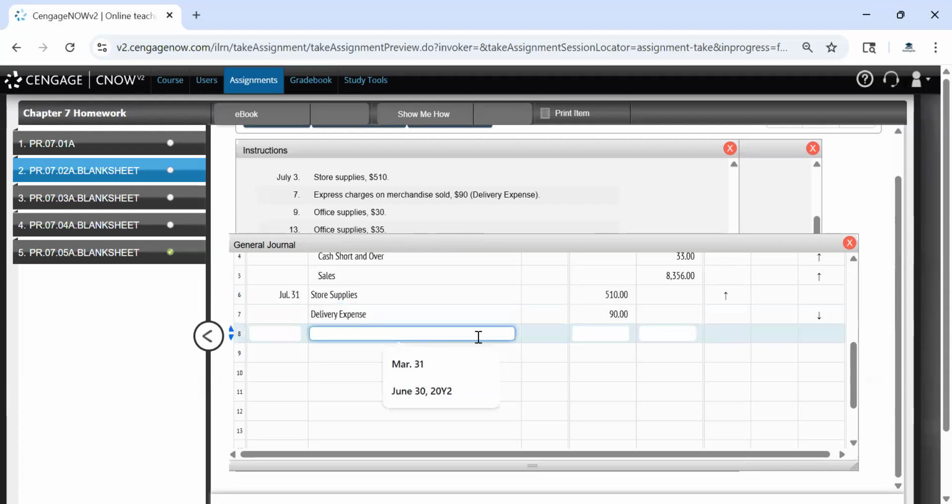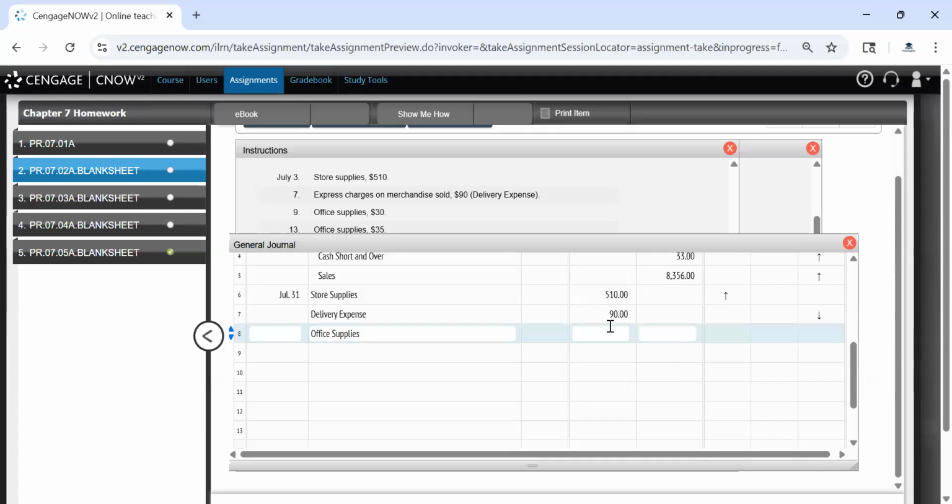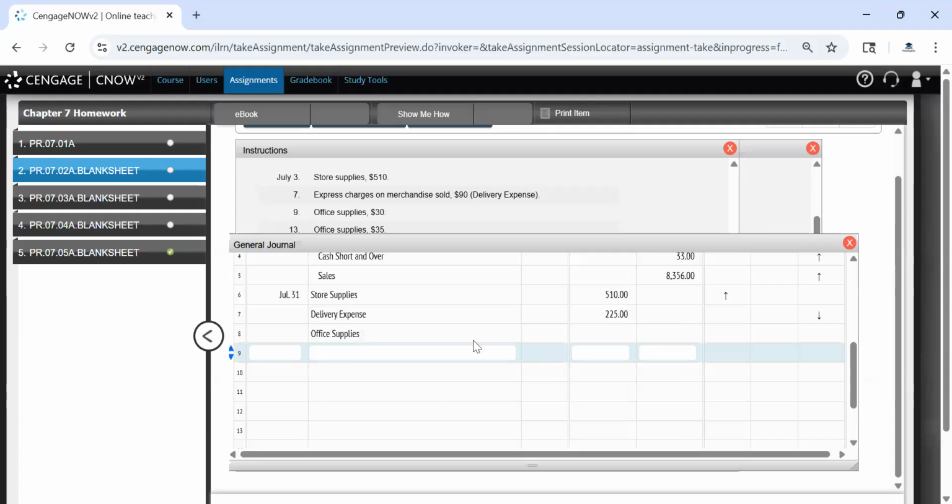Delivery expense debit $90. Office supplies. Well, okay, so we had more than one delivery expense. We also had the $135 delivery expense, so our total delivery expense is going to be $225. And our office expense for office supplies, we have 30, 35, 50, and 25.